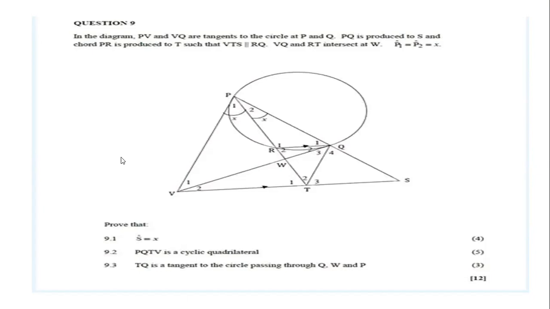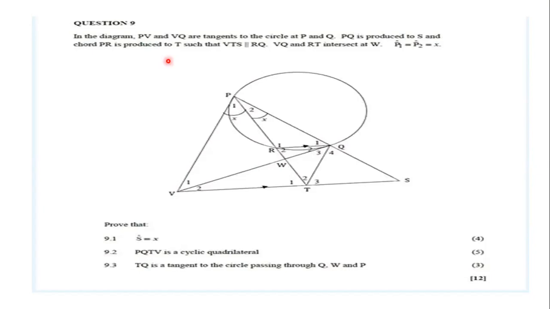So students, it's very important that you understand the statement given to you. You must be able to interpret it using the diagram given. So let me take my laser pointer here.